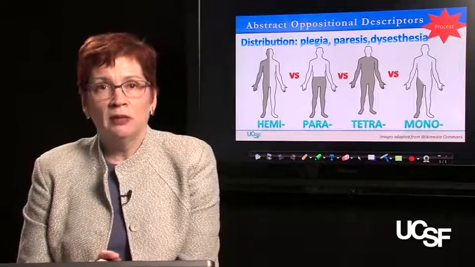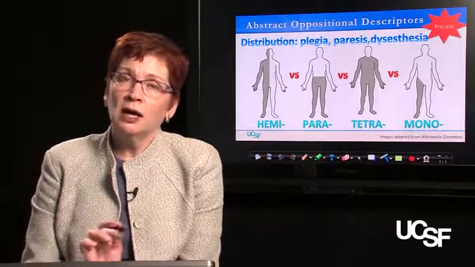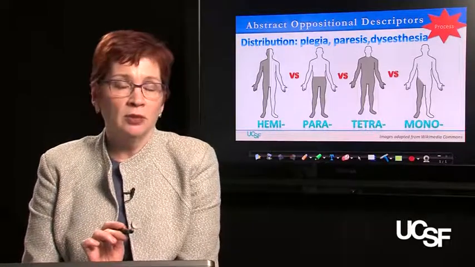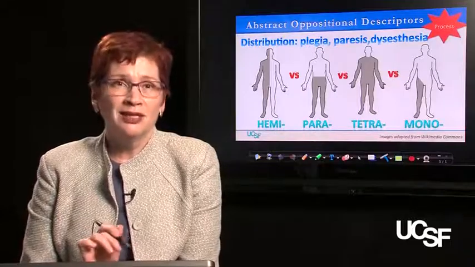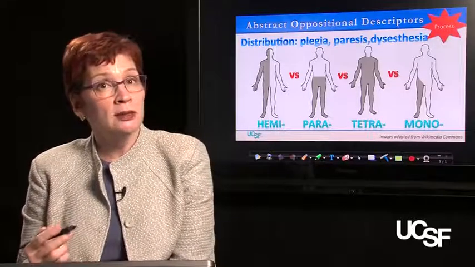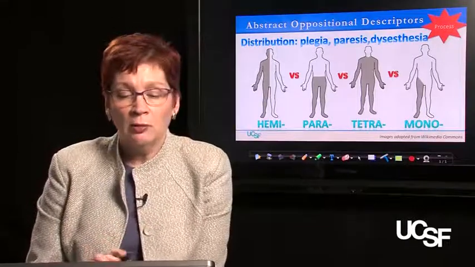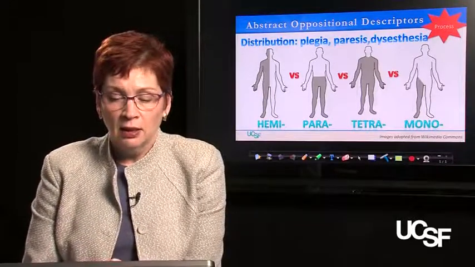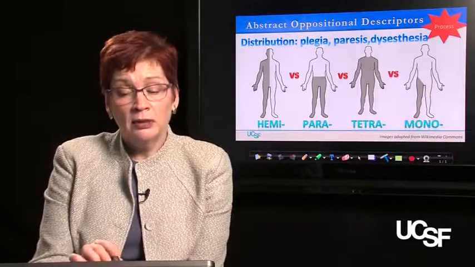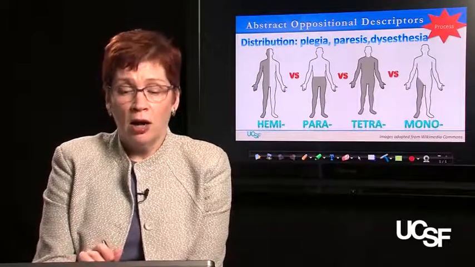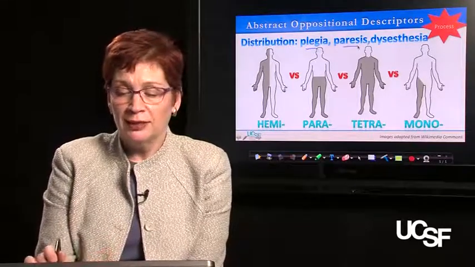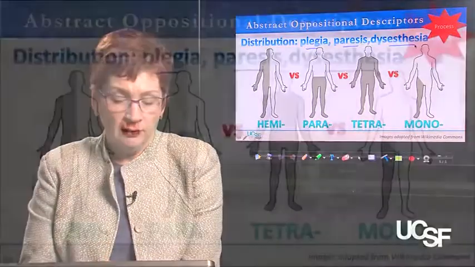There's also distributive processing. So we talked about time-based processing, acute, hyperacute, chronic, qualitative processing for neurologic symptoms, paresis, plegia, paresthesia, dysesthesia. And now we're going to talk about distributive processing. And distributive processing says where in the body are these processed qualitative descriptors occurring.